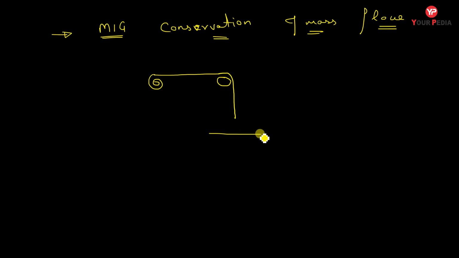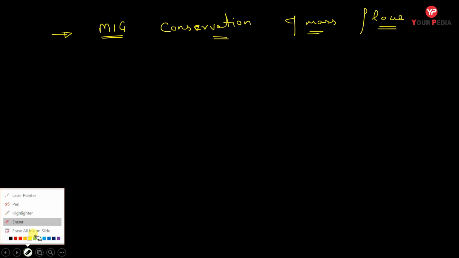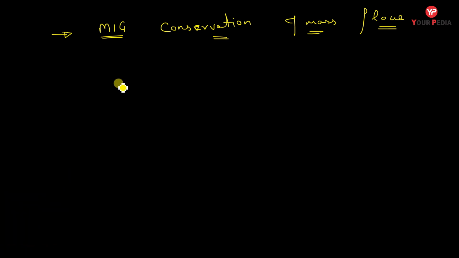And this is the metal. This is the basic diagram of a MIG welding machine. The gas cylinder supply, I have not shown that. Now what is conservation and what is the continuity equation? How can we use this?